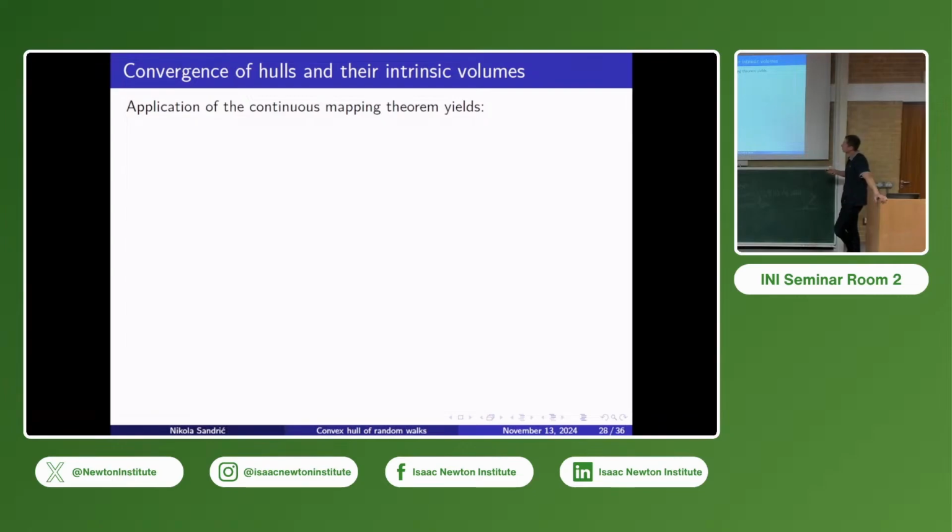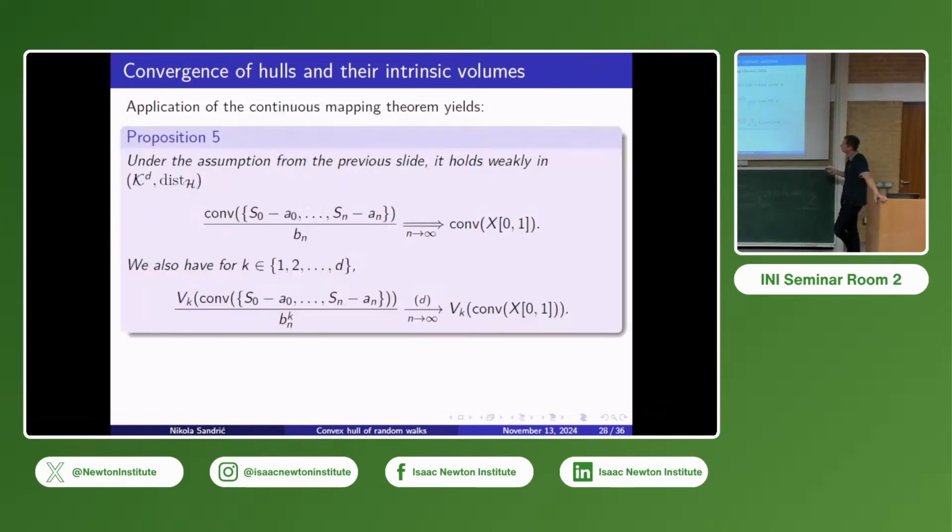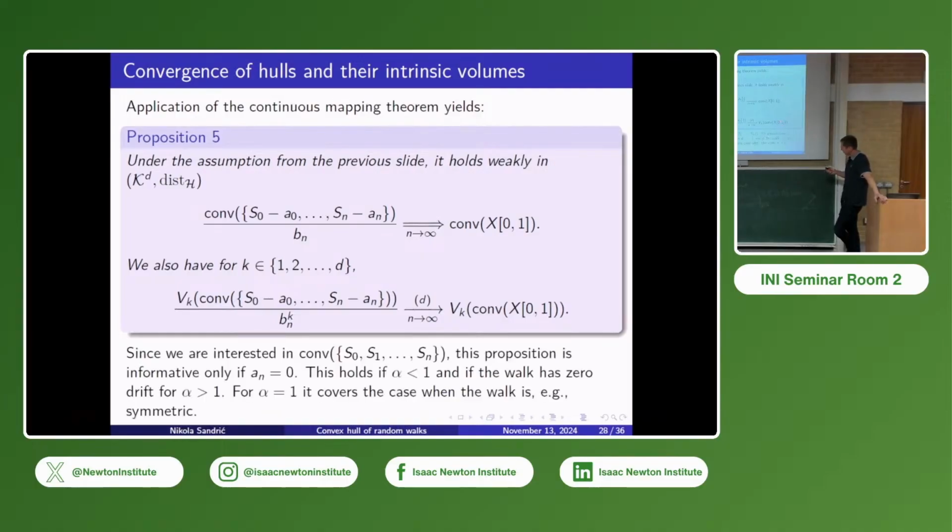Now, similarly as before, the continuous mapping theorem gives us this convergence in this context. And due to the fact that intrinsic volumes are continuous and homogeneous of order k, we also conclude this relation here. However, we are interested in the convex hull of this object here, not of this one.